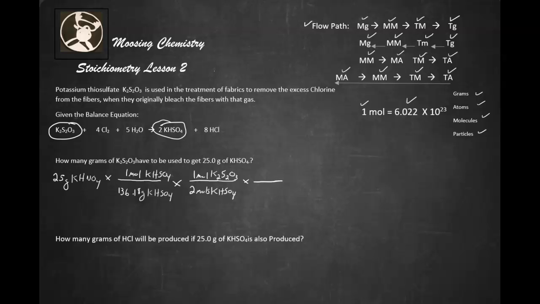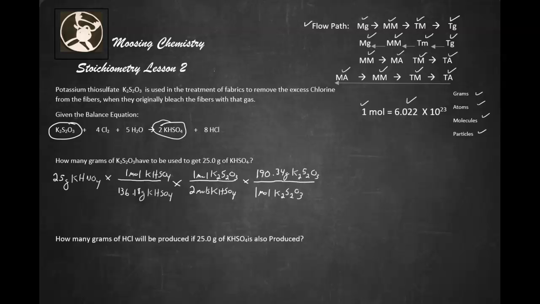All right, now, but I want it in grams, so I have to get rid of the moles. So I'm going to have to go 1 mole K2S2O3 on the bottom. Then I need the molar mass of K2S2O3. And when you calculate that, it should be around 190.34 grams of K2S2O3.